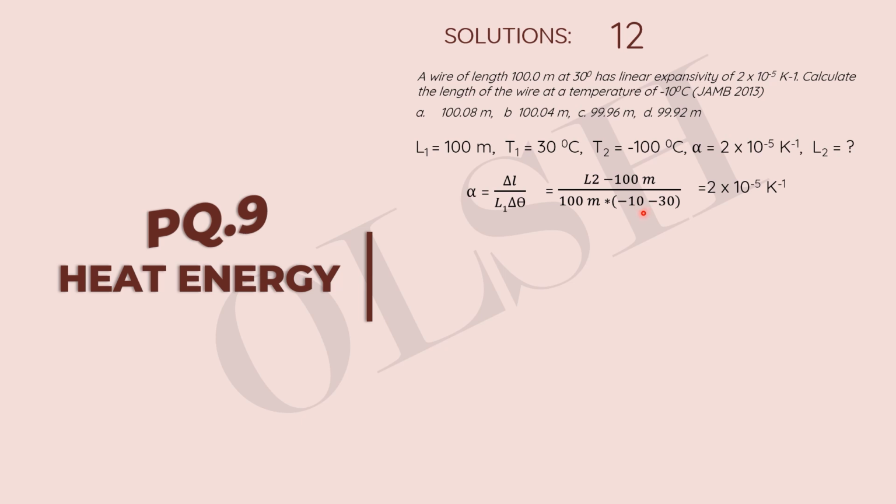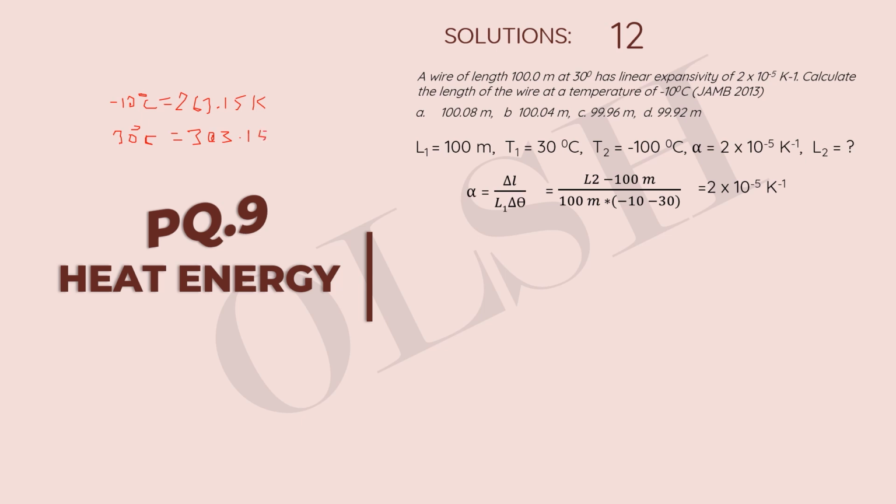So in Kelvin, -10 will be 263.15, while 30 degrees Celsius will give us 303.15.